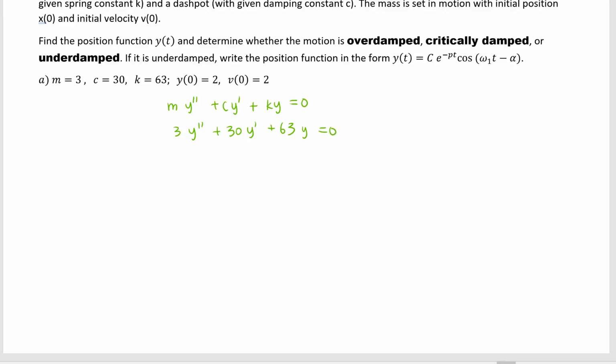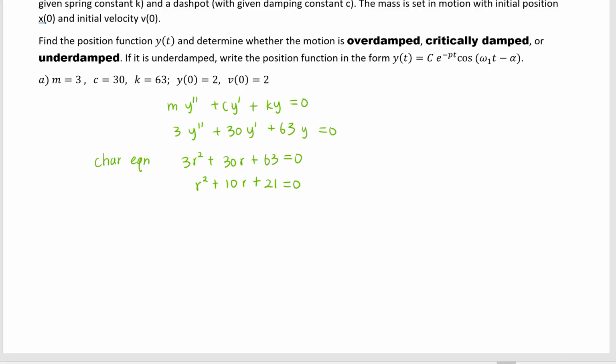Okay, then what is the characteristic equation? That's 3r squared plus 30r plus 63 equal to 0. Can you see all the factors? All the terms have a factor of 3, so let's divide it by 3. And this is 21.